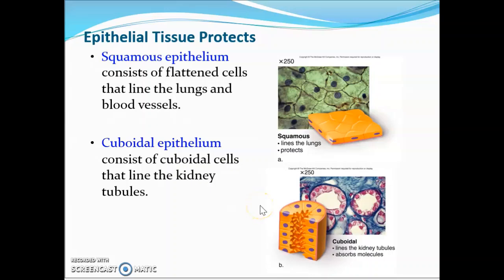The second type of cell is called the cuboidal epithelial cell. In terms of shape, cuboidal epithelium looks like a cube. These cuboidal cells can be found in the inner lining of kidney tubules.